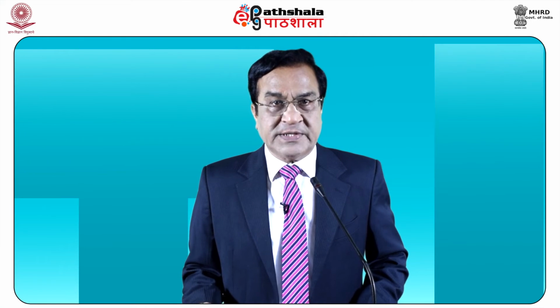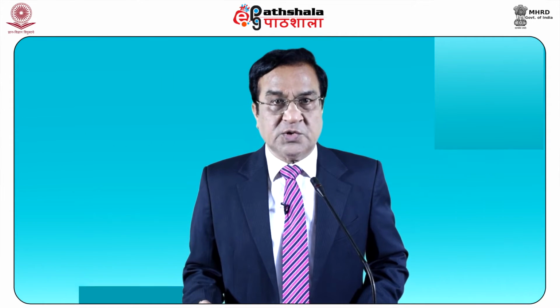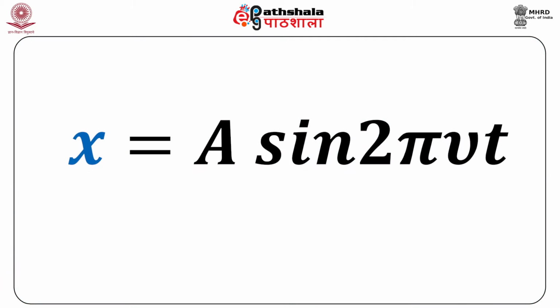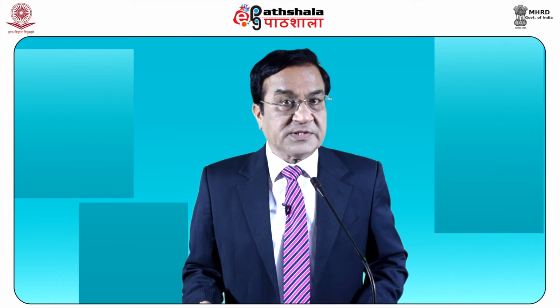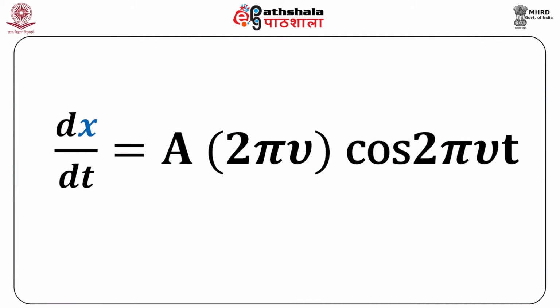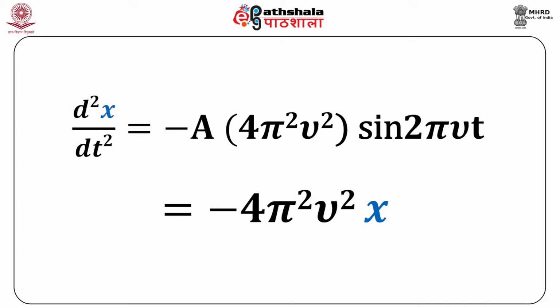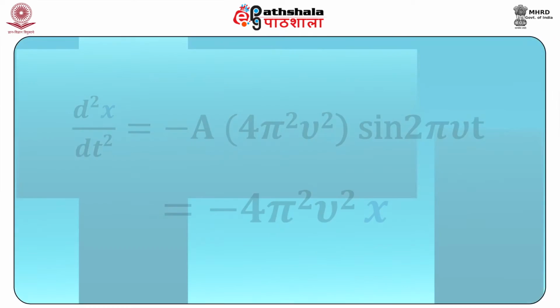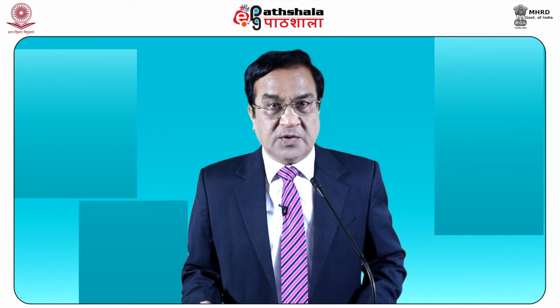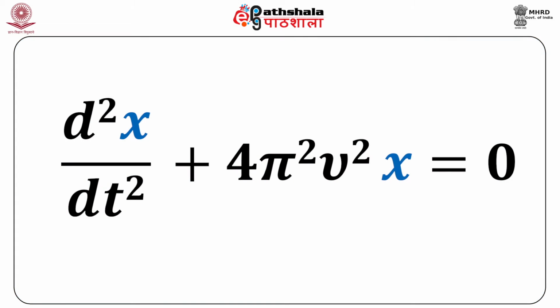Now if one tries to solve this equation, the solution is x is equal to a sine 2 pi nu t, where nu is the frequency of the vibration. If we take its first differential and then second differential, we find that d2x by dt2 is equal to minus 4 pi squared nu squared x. In other words, we have another equation, which is d2x by dt2 plus 4 pi squared nu squared x is equal to 0.